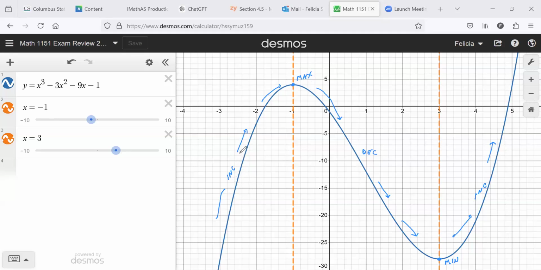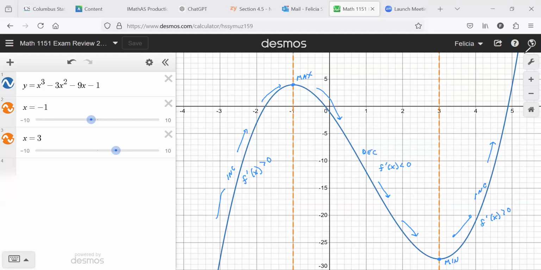Whenever your function is increasing, that means your derivative has to be something positive, so that's both of these intervals. Whenever your function was decreasing, that means your derivative was something negative.